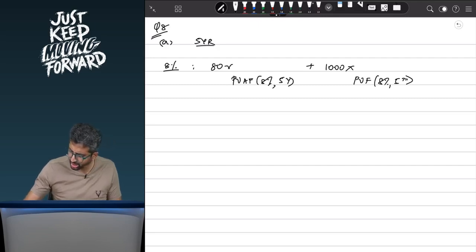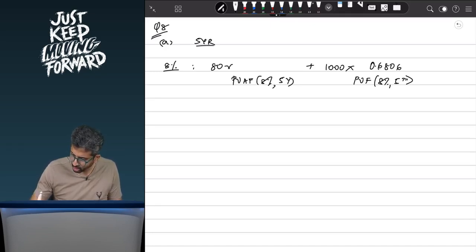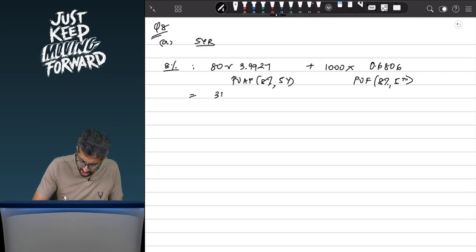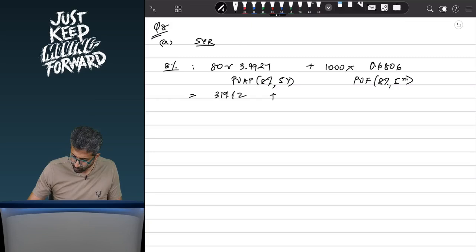So if I do this, 1 divided by 1.08, 1, 2, 3, 4, 5, this is 0.6806, and the grand total is 3.9927 approximately. So if I look at 80 into 3.9927, this is around 319.42, plus 1000 into 0.6806, this is around 680.6.